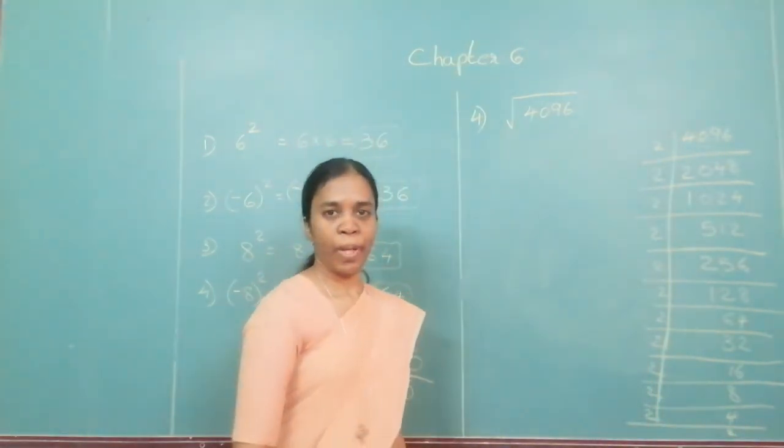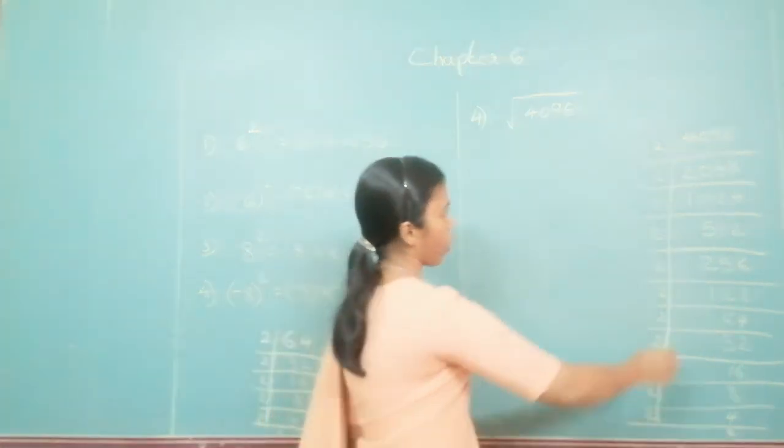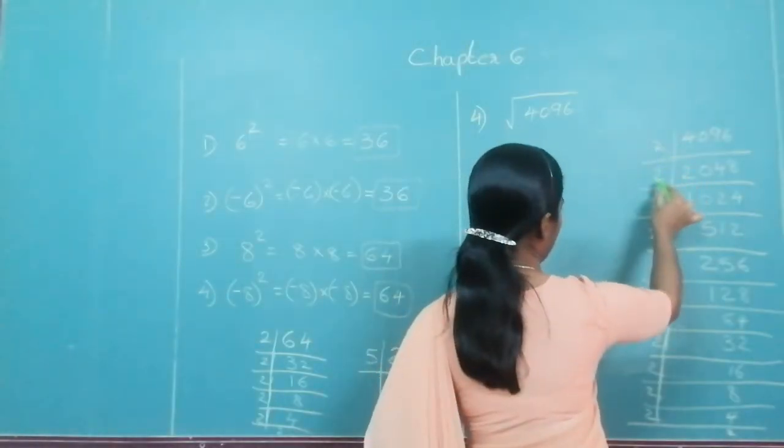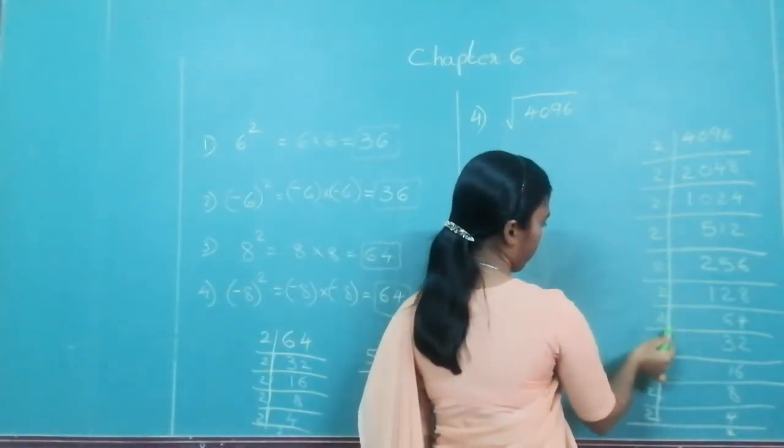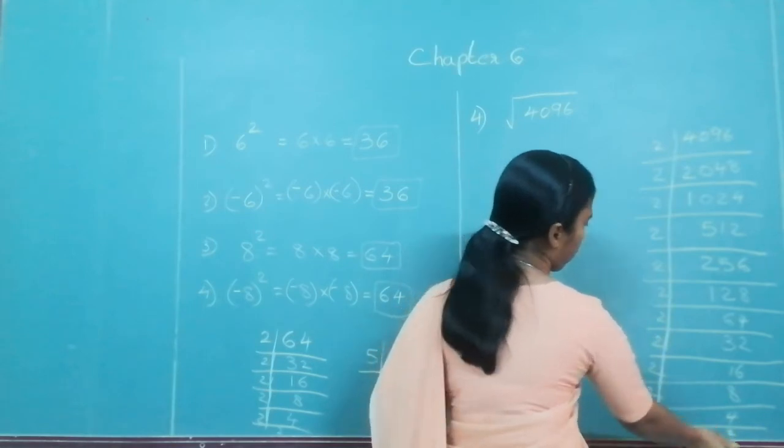This is how we find the prime factors. Okay. Now count the number of 2's. 1, 2, 3, 4, 5, 6, 7, 8, 9, 10, 11, 12 are there.